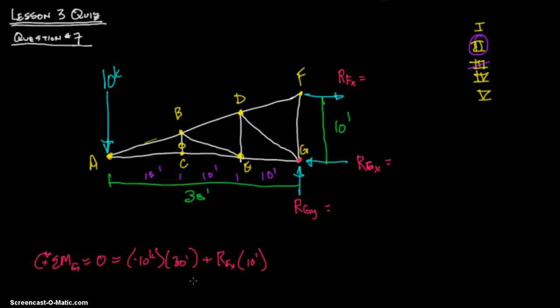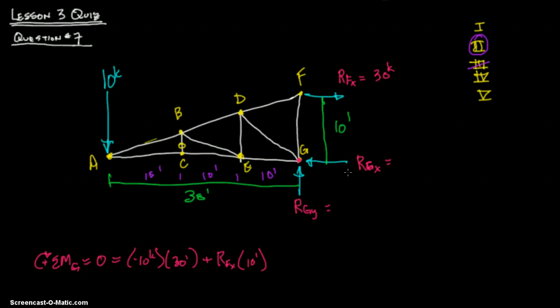And if we do a little quick math, we have negative 10 times 30 divided by 10 foot, and you get 30. Anyways, RFX is going to equal 30 kips. Does that make sense? Sure it does.